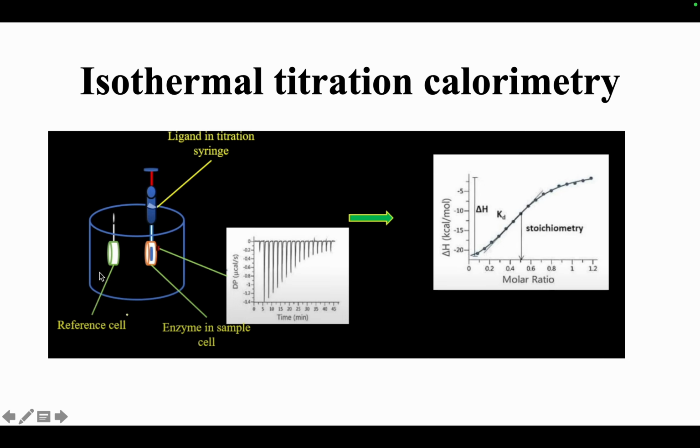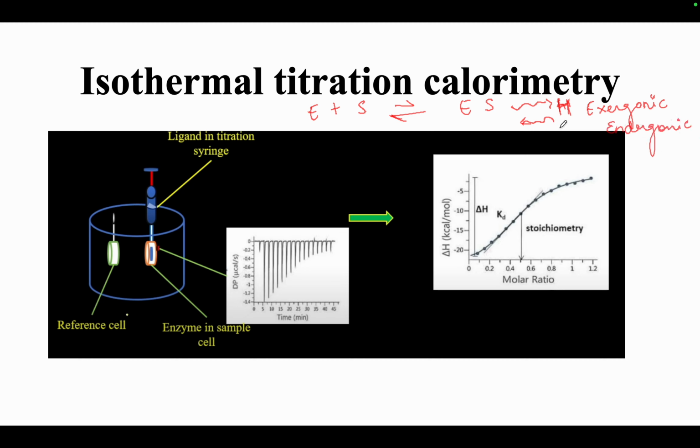The basic principle behind this is that whenever there is a complex formation between enzyme and substrate, there could be either a release of heat or an absorption of heat. So the process could be either exergonic or endergonic.